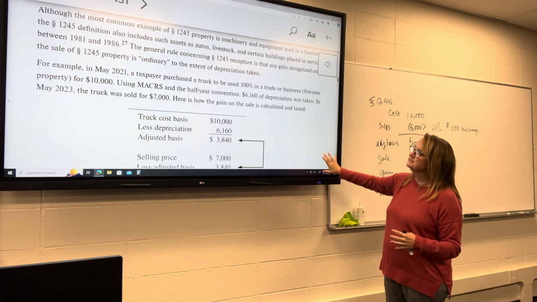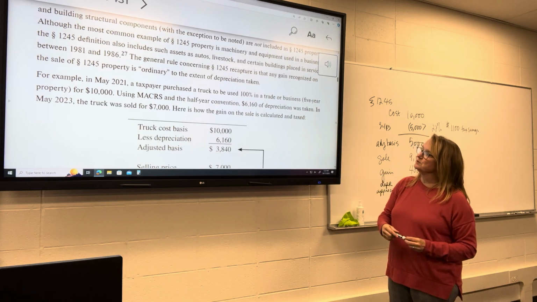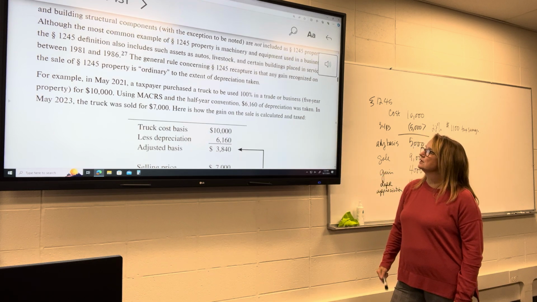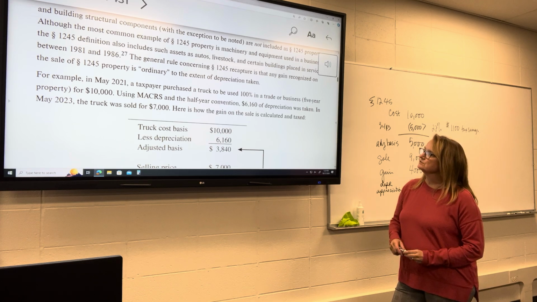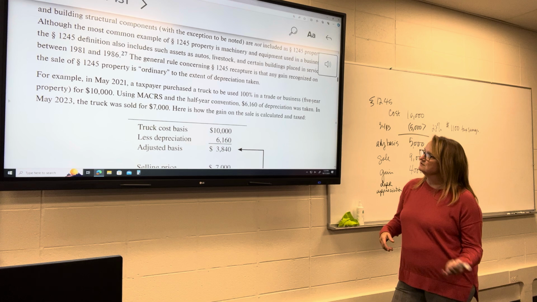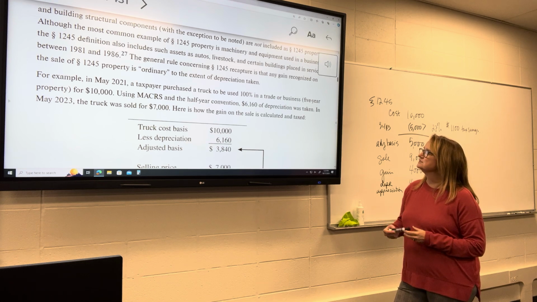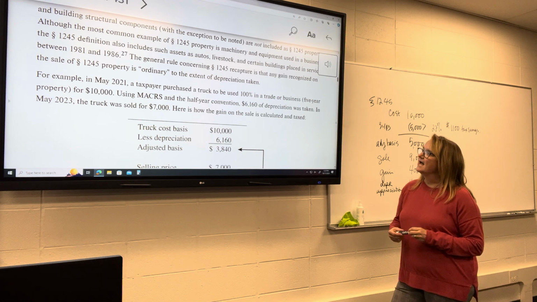Okay, so here's an example as well. In May 2021, a taxpayer purchased a truck to be used 100% in a trade or business, 5-year property, for $10,000. Using MACRS and the half-year convention, $6,160 of depreciation was taken, and then it was sold for $7,000.